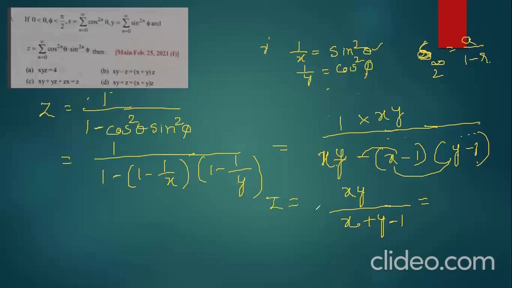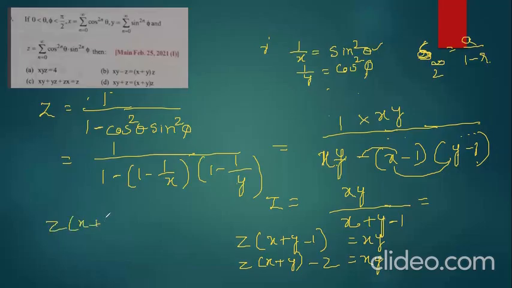Then what do I do? Can I cross multiply this? Z into x plus y minus 1 is equal to xy. So z into x plus y minus z is equal to xy. Yes, but you see here options, z into x plus y is equal to xy plus z, right?